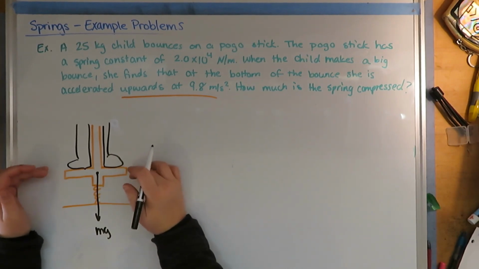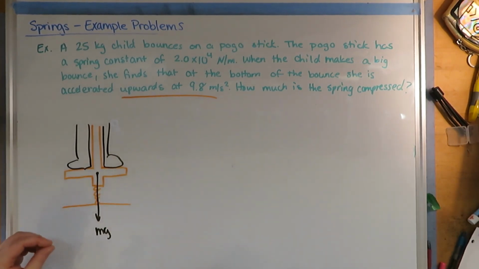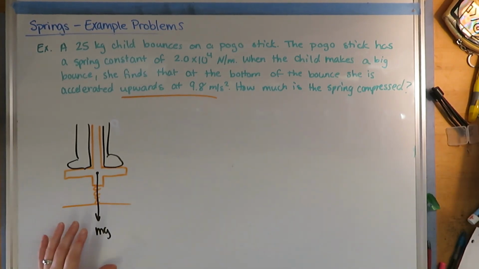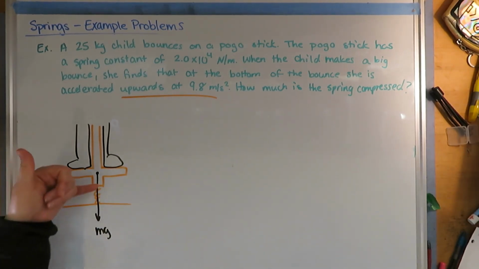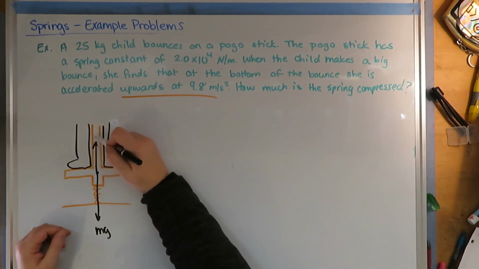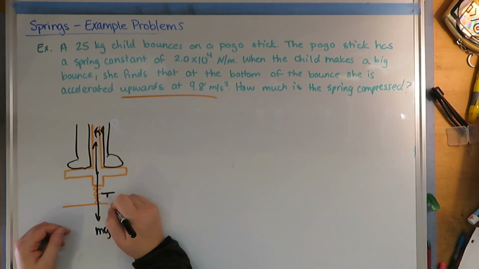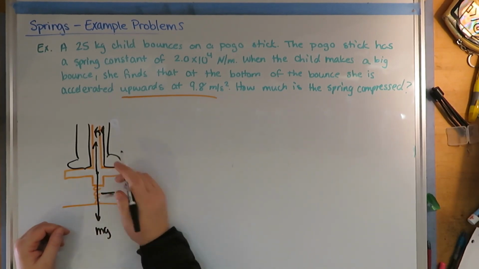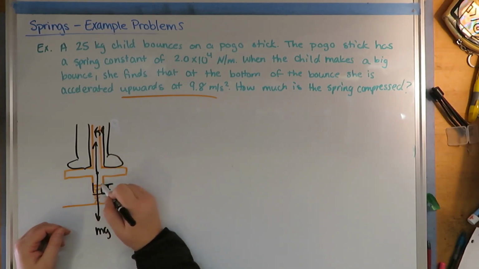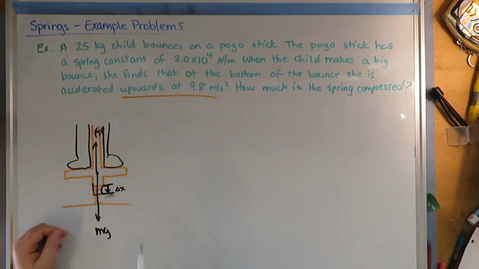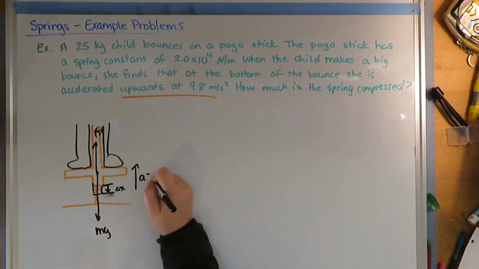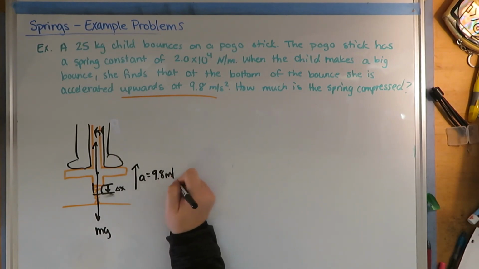Technically it's the kid's normal force, but we can assume that the normal force and the gravitational force are related. And then that gravitational force here is being resisted by a spring force upwards. And this spring has been compressed by some amount, and that's what we're looking for. But it tells us that there's an upward acceleration equal to 9.8 meters per second squared.